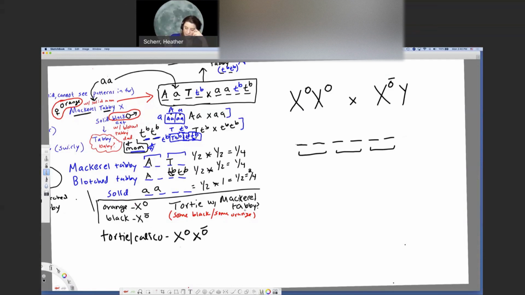We found out before that to be tabby patterned means that we have to have one big A, or else you're solid. To be mackerel tabby, we have to have at least one big T. And then I'm asking about a tortoiseshell. So what must the tortoiseshell baby be?